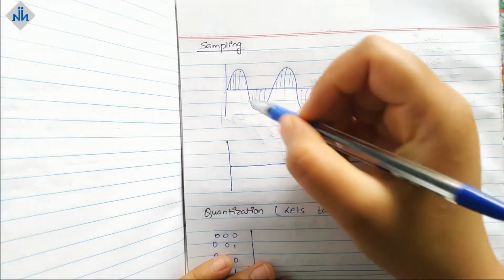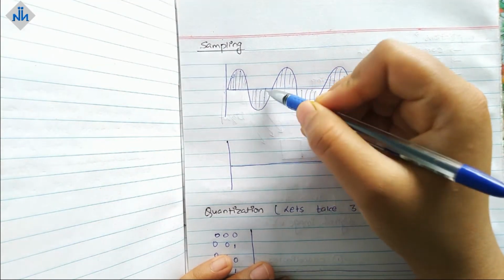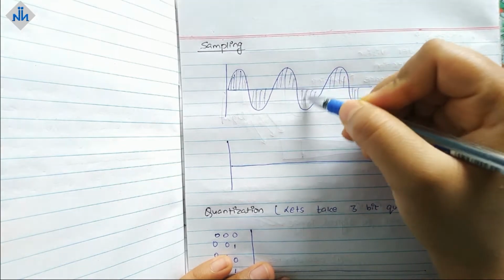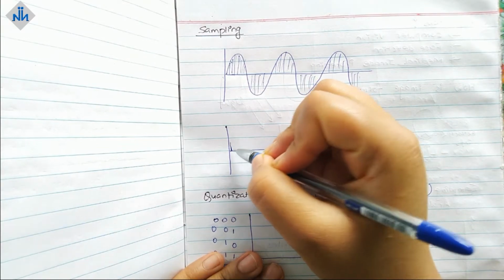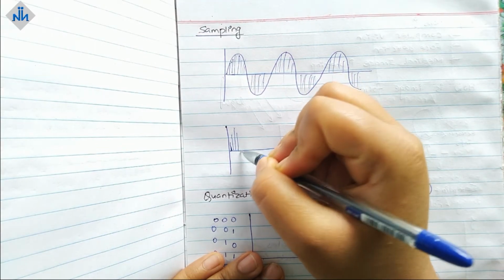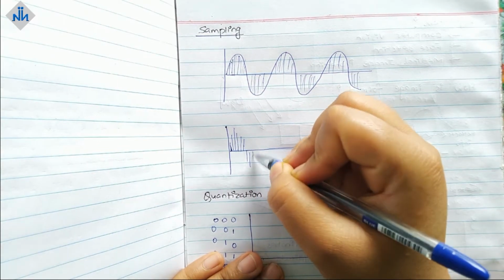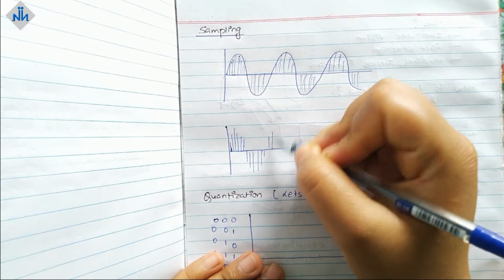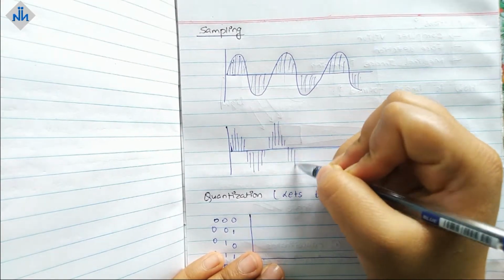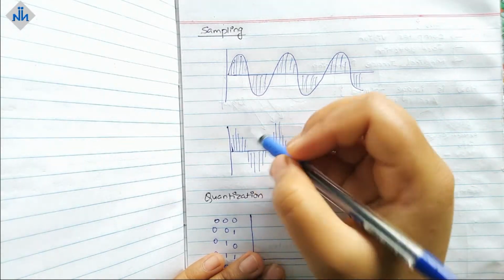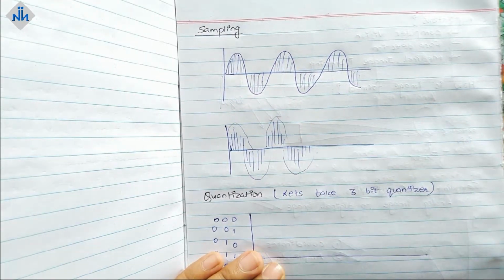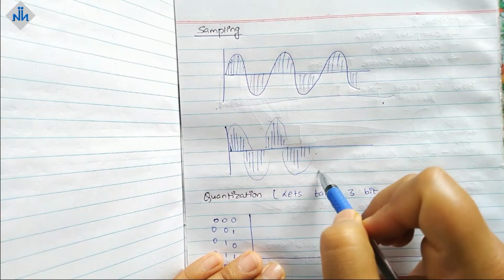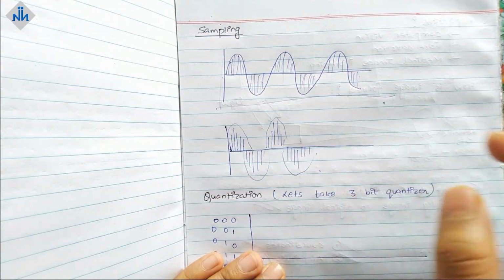But the basic concept is that it is broken down into small pieces like these. After that, we get something like this. So basically we have sampled our analog signal and we have small pieces of information.